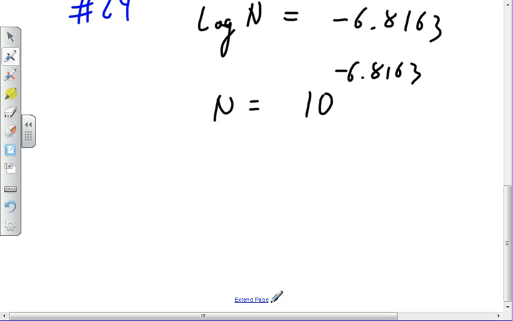And it looks like I have 1.53 times 10 to the minus 7. Is that what I have? All right.